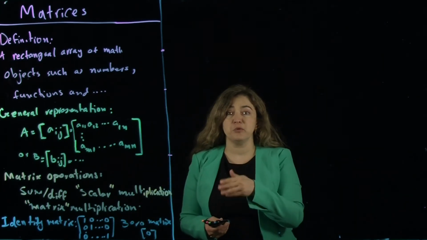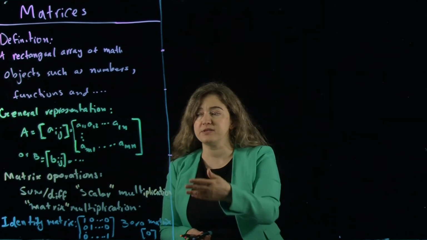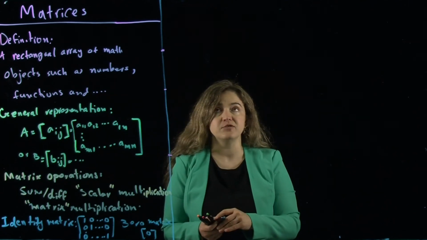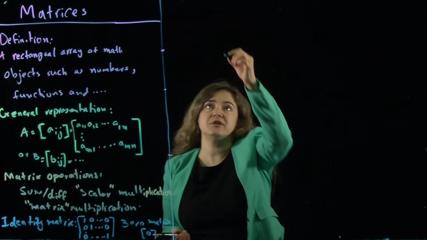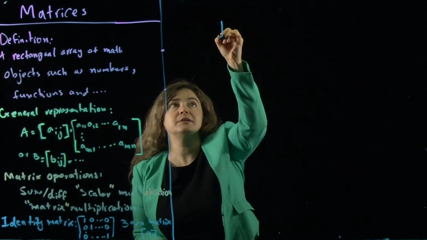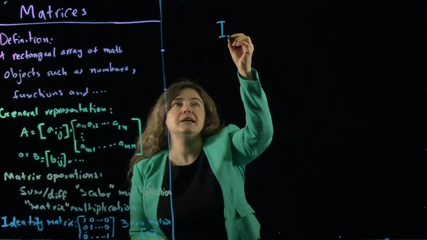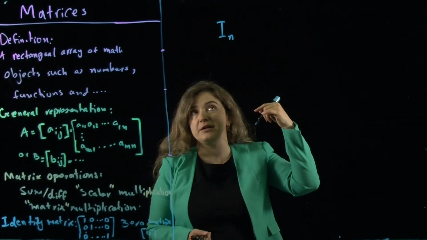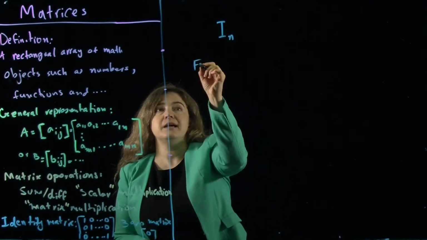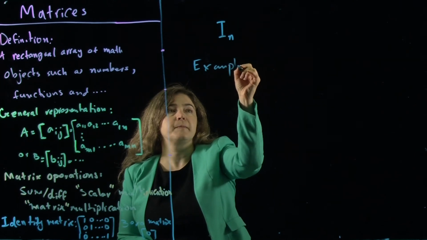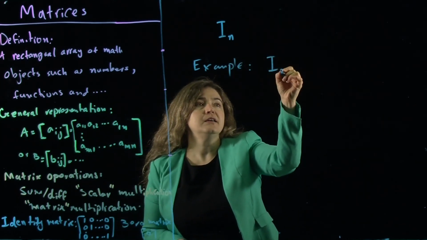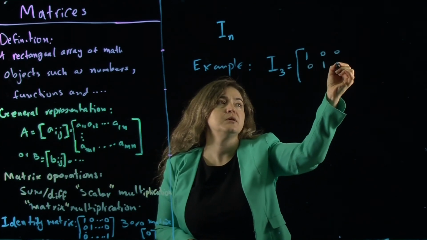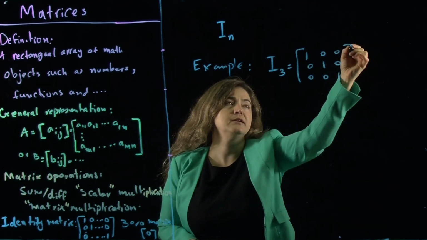The last piece that we want to cover about matrices before we start matrix multiplication is the identity matrix. What is the identity matrix? Usually we show it with a capital I and then a number n on the bottom. Why one number? Because it's a square matrix. Let's start with an example. I3 is 1, 0, 0, 0, 1, 0, 0, 0, 1.